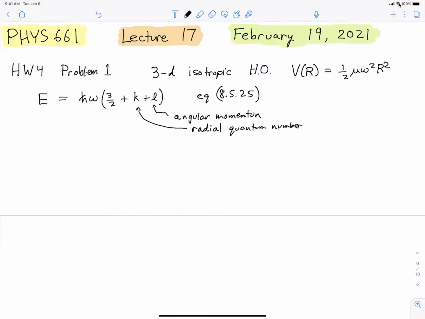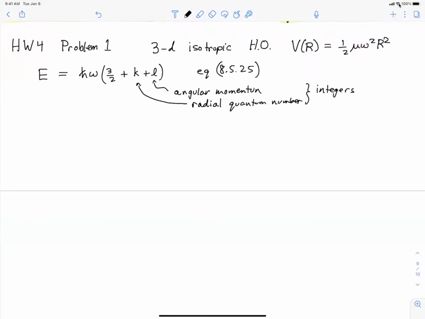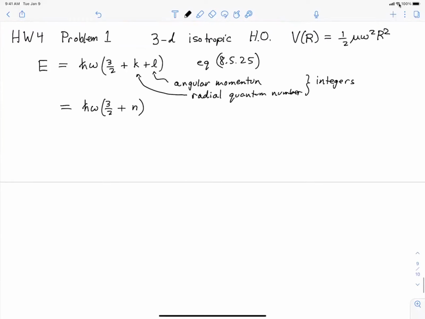And these are both integers. And so if you want, you can rewrite this in terms of a single integer, which it's traditional to call n. Okay, so n is also an integer, but here's the key thing that I think caused a lot of confusion.